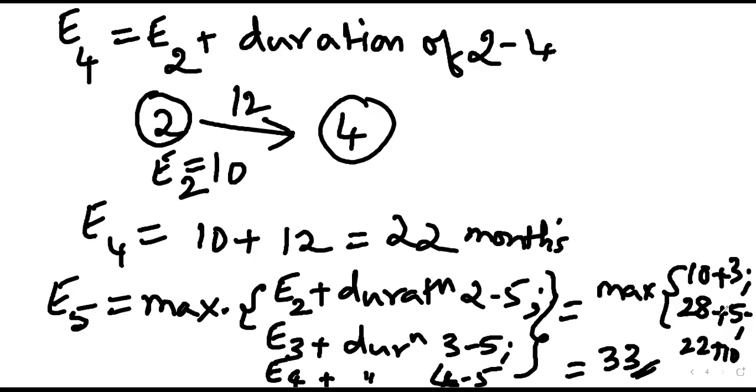Now similarly we should calculate the L value for each of the nodes. E5 is equal to L5, and from there we can start solving the L values.